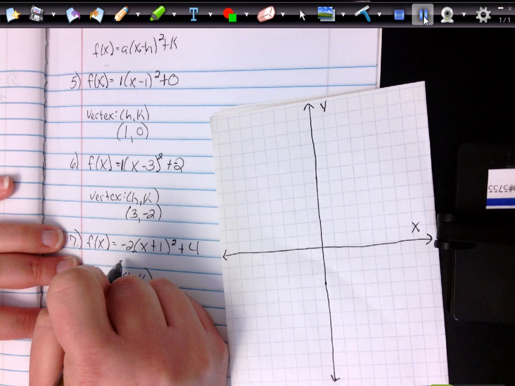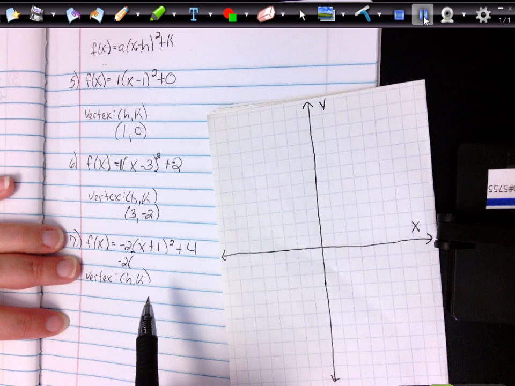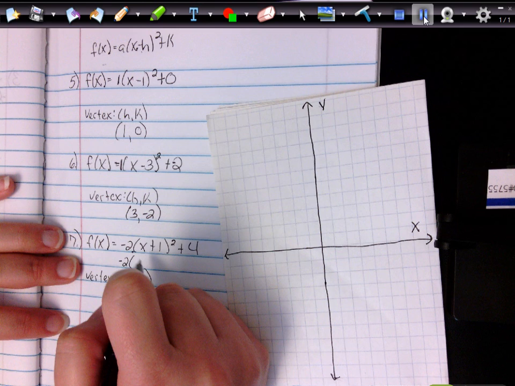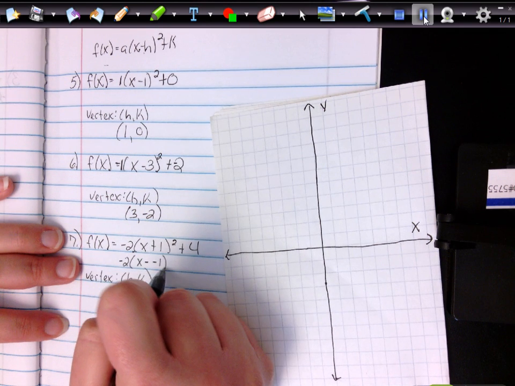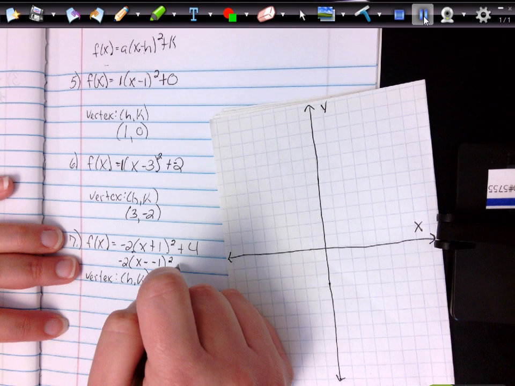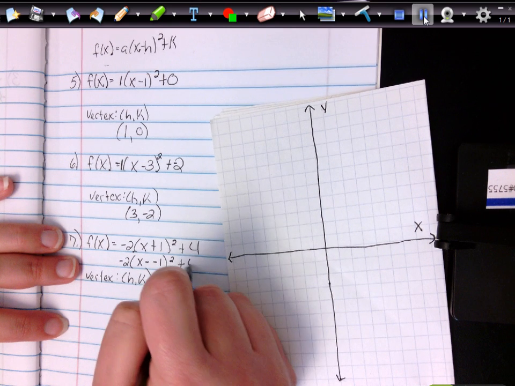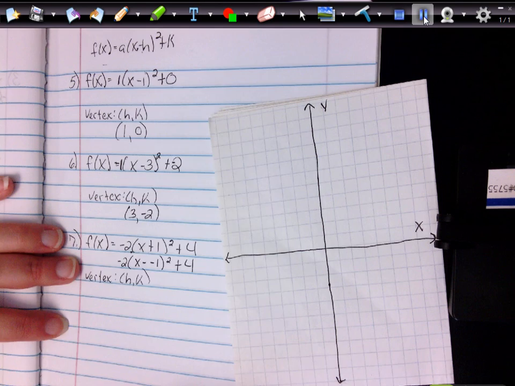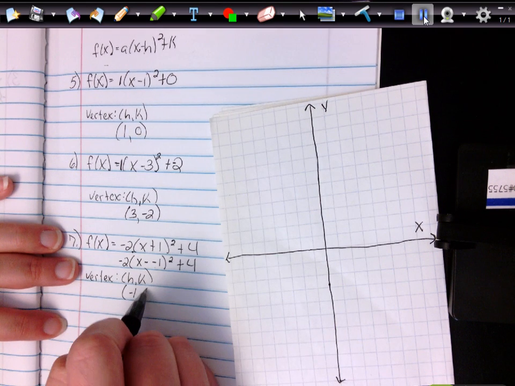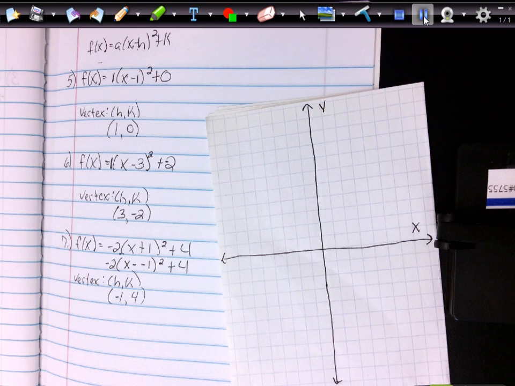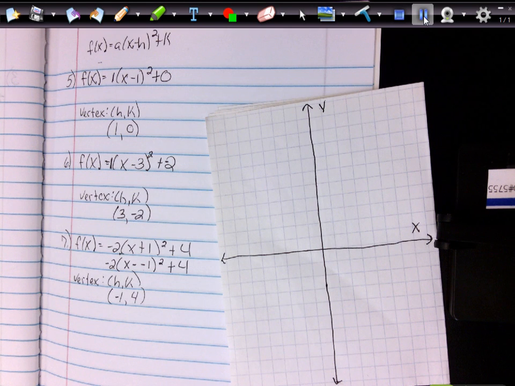Our -2 will stay, but it's supposed to be x minus h, and this is x plus 1, so we're going to say x minus -1 squared, and then it's plus k, so we're good with our plus 4. So this way it's easy to see that our h is -1 and our k is 4. So there's our vertex.